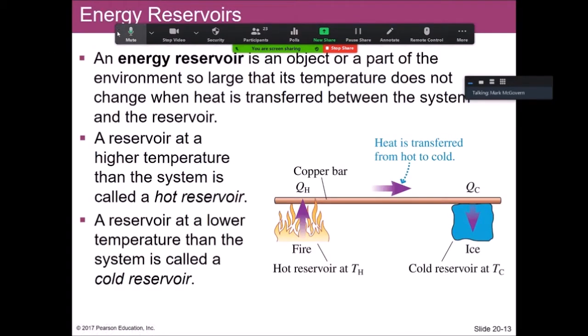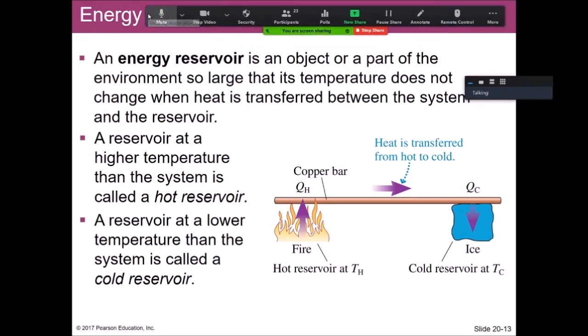All right, so let's start looking at some scenarios. When we talk about these scenarios and we look at systems where energy is transferred between them, we talk about energy reservoirs, right? And that's where energy could come from and where energy leaves.